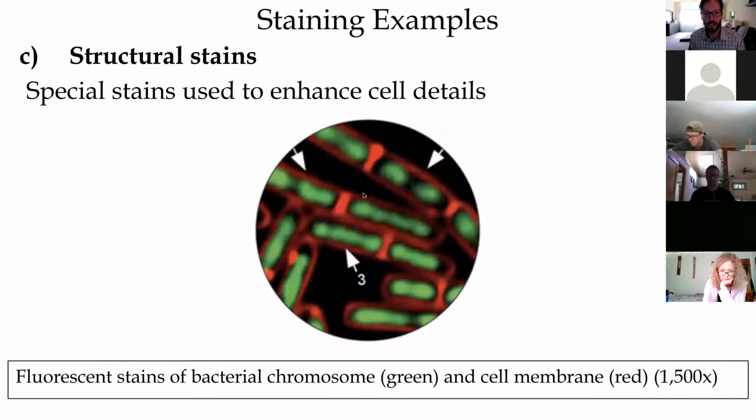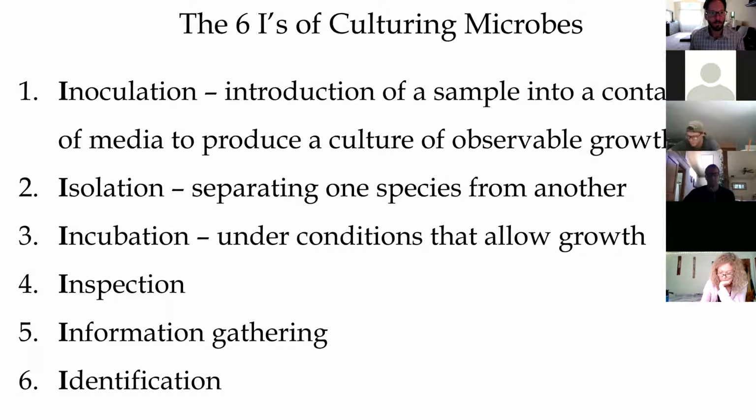Fluorescent stains, we talked about, they stain specific parts of the cell, and so you can really home in on regions of interest based on using different stains or different antibodies that are conjugated with a fluorescent tag in order to see those structures in the cell. And of course, we talked about the 6 I's: inoculation, isolation, incubation, inspection, information gathering, and identification.